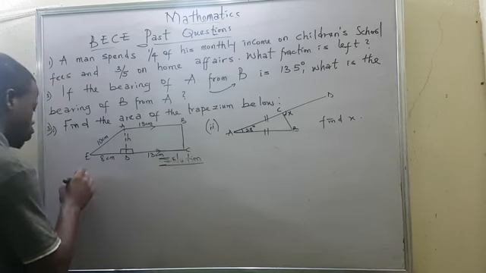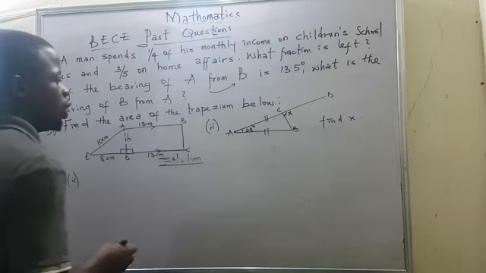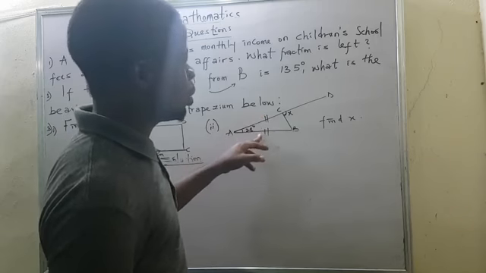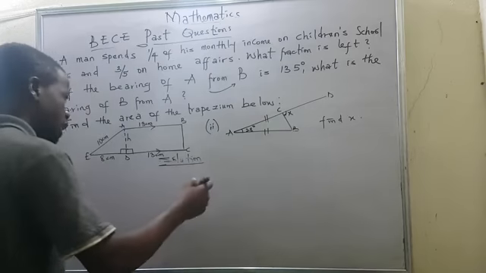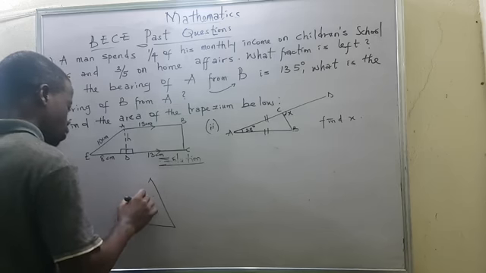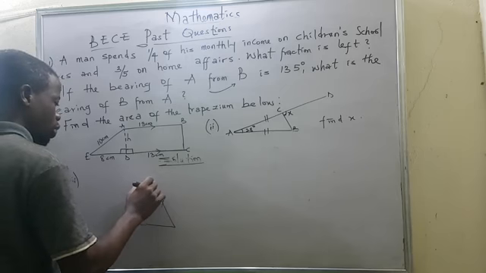We have these two. Now, if you look at this shape, this symbol represents equality. And this side is equal to this side. And if that side is equal, don't forget, that means that triangle is an isosceles triangle. This is 28 degrees.